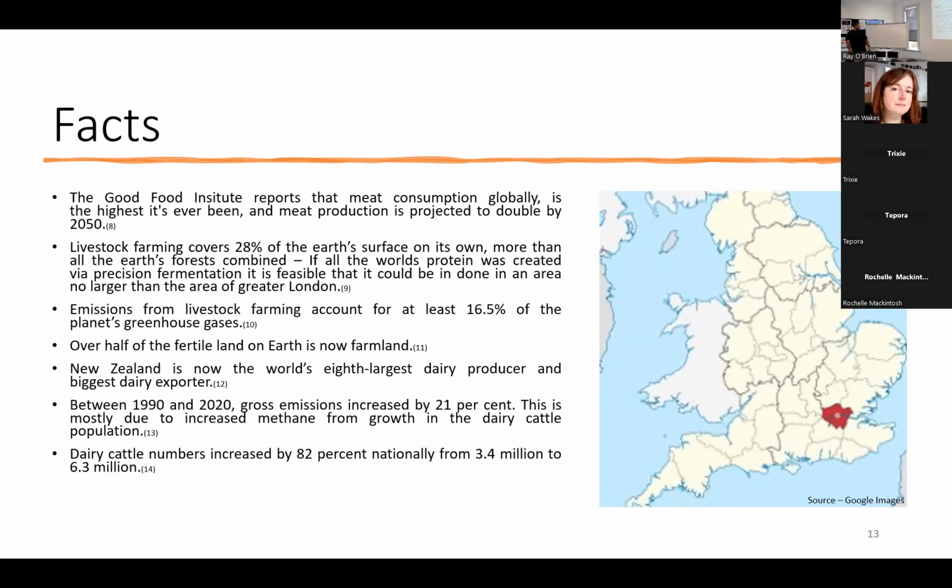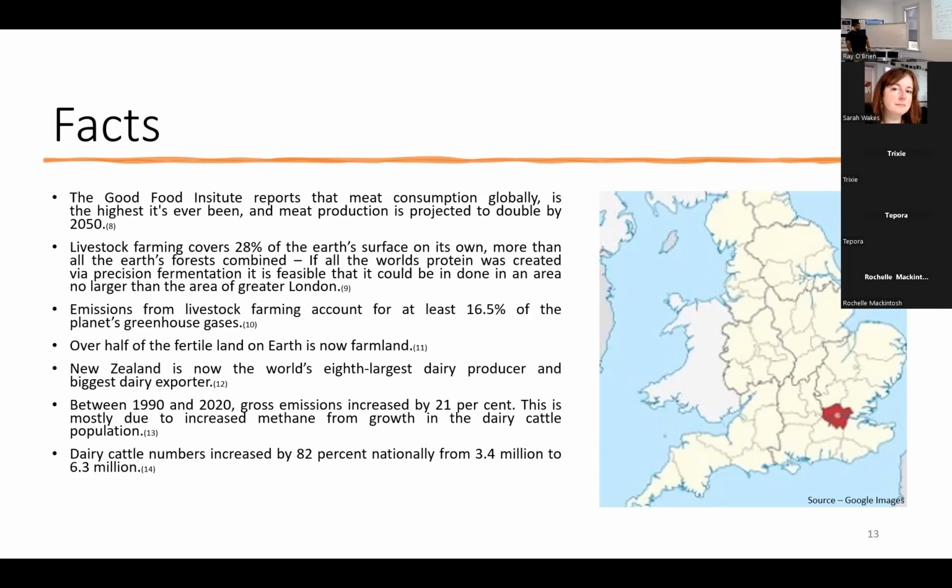Emissions from livestock farming account for at least 16.5% of the planet's greenhouse gases. Over half of New Zealand's fertile land is now farmland. New Zealand is now the world's 8th largest dairy producer and the biggest dairy exporter, thinking about things like milk protein, milk powders and things like that. Between 1990 and 2020, gross emissions increased by 21%.